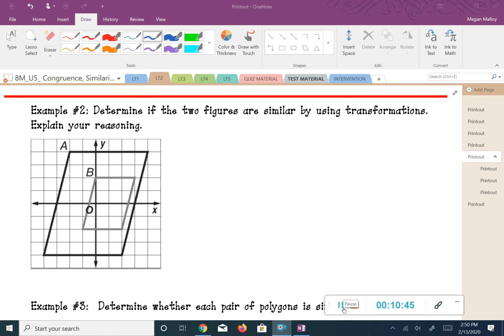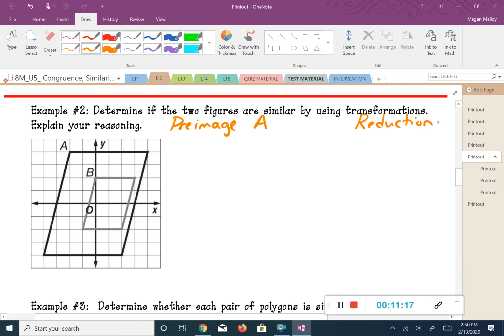Okay, looking at example 2, it says determine if two figures are similar by using transformations. Explain your reasoning. So with this problem, let's just say that our pre-image is A. So we would be dilating from A to B. Now if that was the case, this is going to be a reduction.